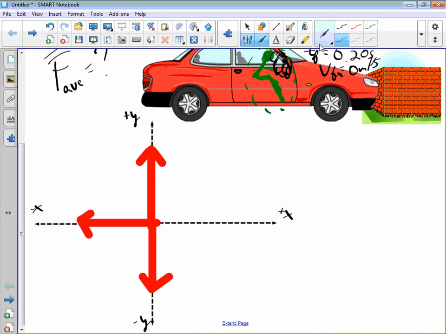I'm going to label these as normal force of the seat on that person, force of the earth on that person, and force of the bag on that person. I'm referring to the airbag. The book uses B for bag.